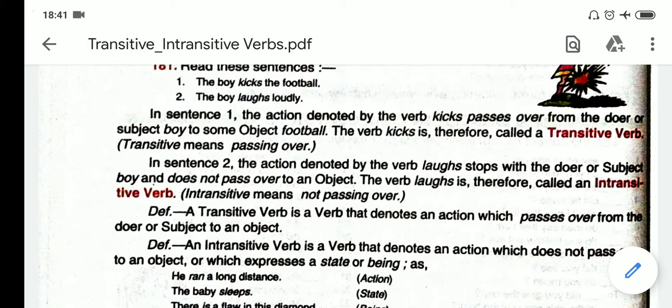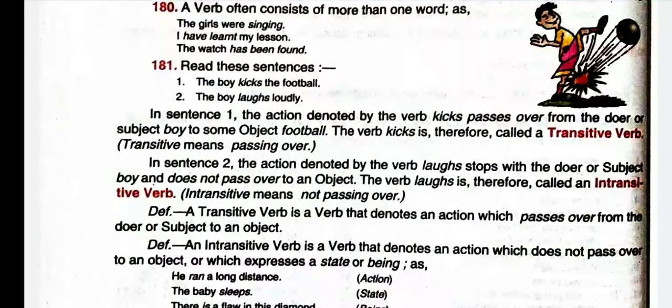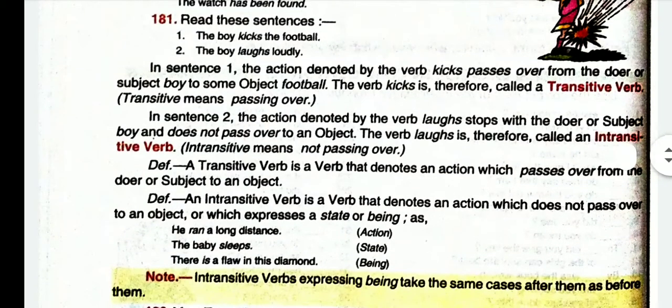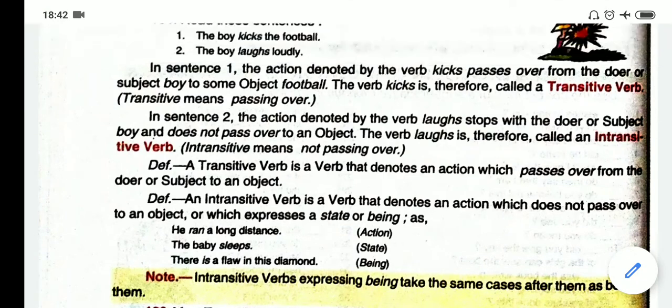So laughs is called an intransitive verb, because in this sentence there is no object to which the action is passing from the subject. Such sentences where the action does not pass from the subject to the object are called intransitive verbs.